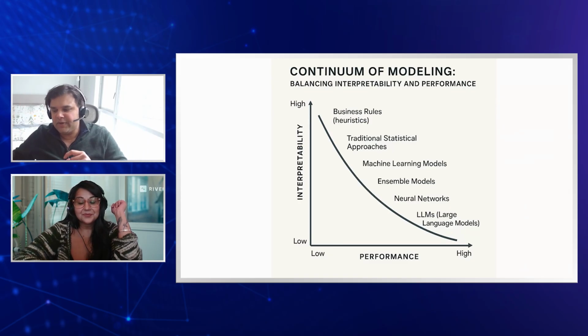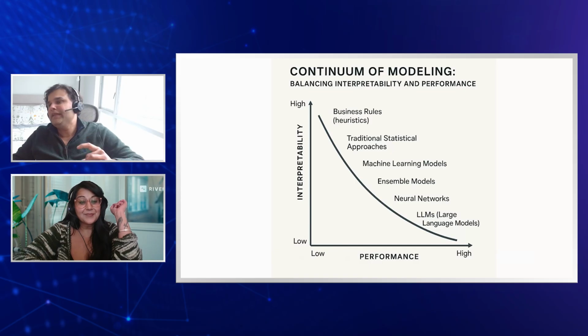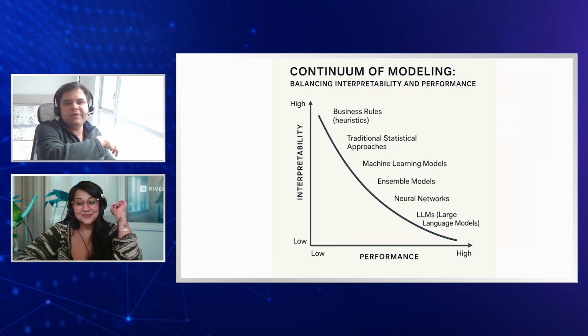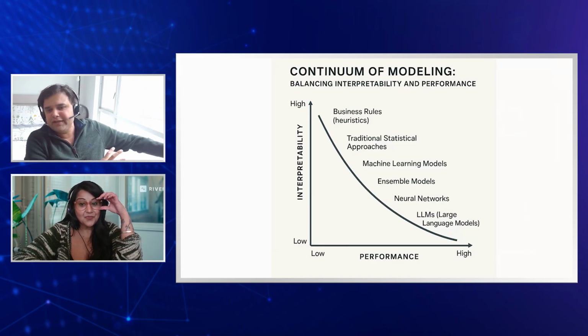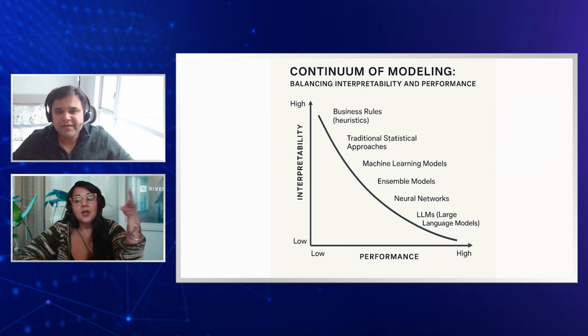That is the one that won the Netflix challenge. Neural networks are further down that path, even less interpretable but even better at performing. And then LLMs, like foundational models, are trained on data in a completely different context. You're bringing it in, even less interpretable and even higher performing.